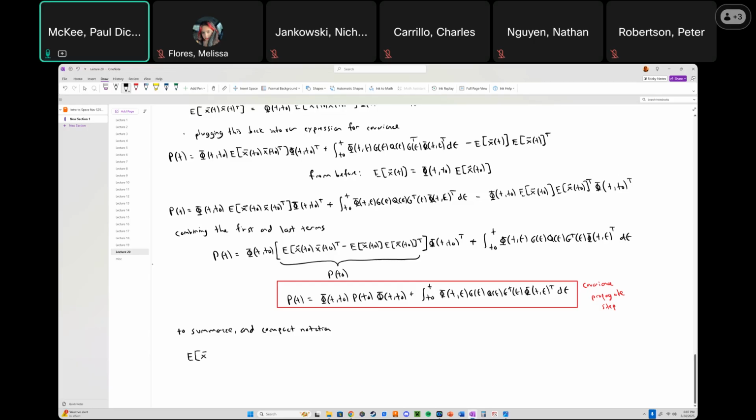I'm going to say that the expected value of x at some time tk is phi from tk minus 1 to tk, so just incrementing forward one time step, times the expected value of x at tk minus 1.